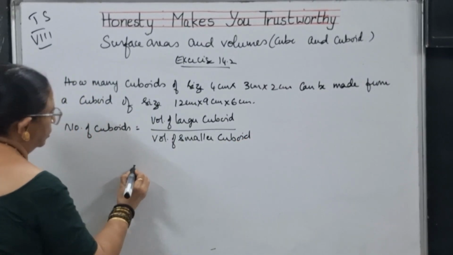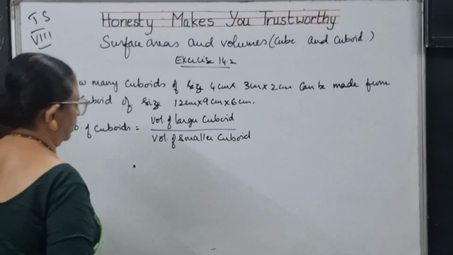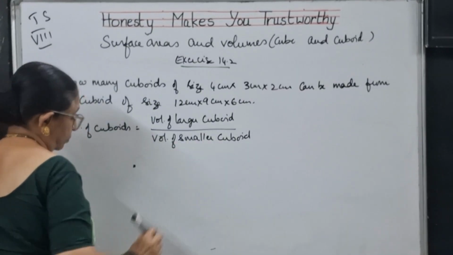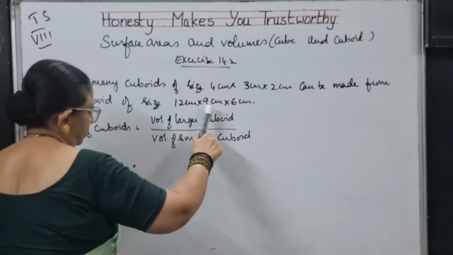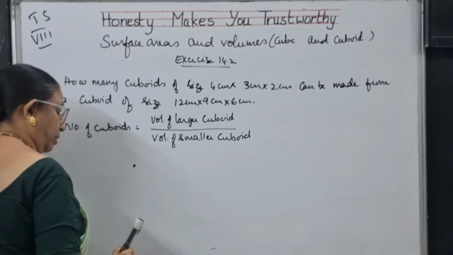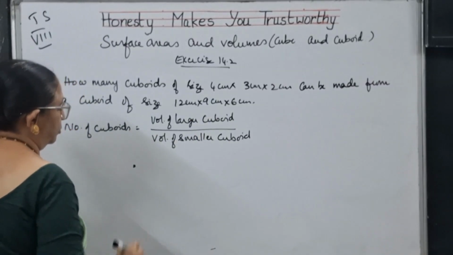Earlier you had cube and cuboid, so you could easily differentiate, but here the one with the larger measures is the larger cuboid, and the one with the smaller measures is the smaller cuboid.